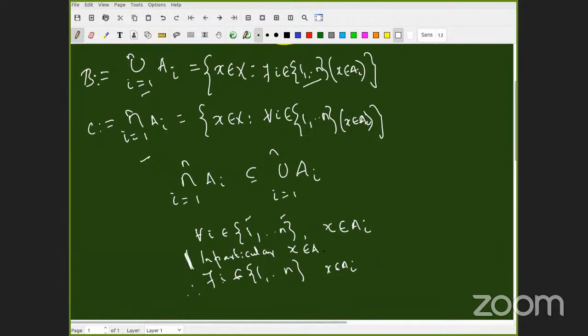I'll say X belongs to A_1. Therefore, there exists i in 1 to n. Which i? I'll choose i equal to 1. This is the gap. Therefore, there exists i in 1 to n such that X is in A_i. I'm now choosing a particular quantity and telling. That's what I want, because there are a lot of choices.